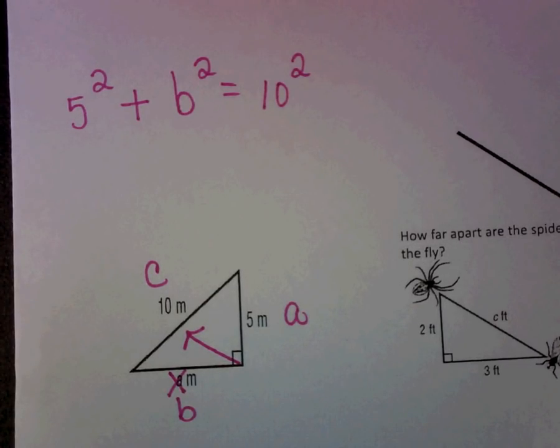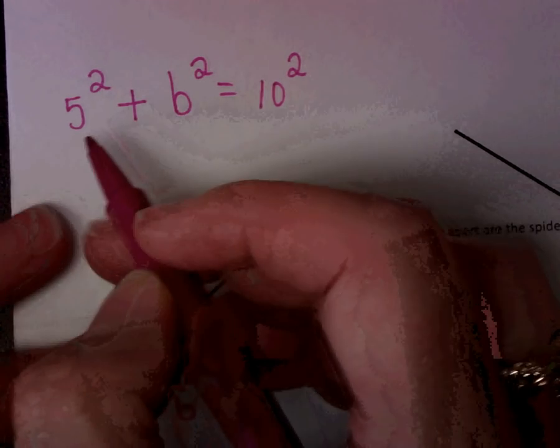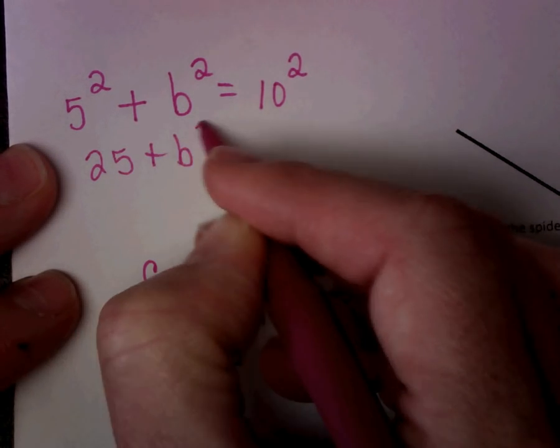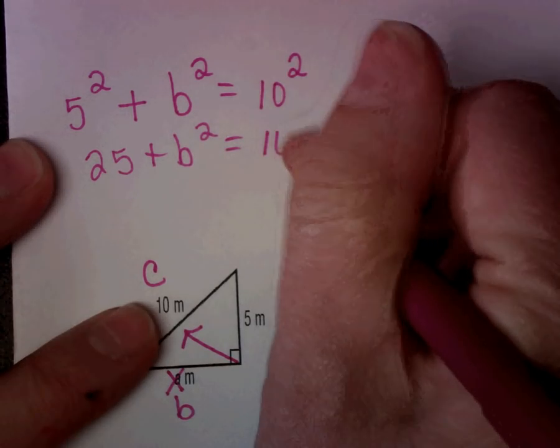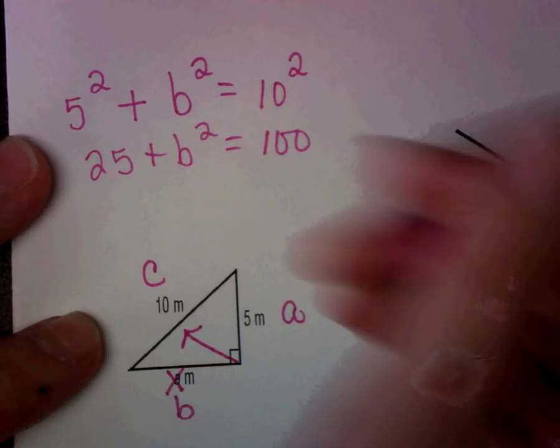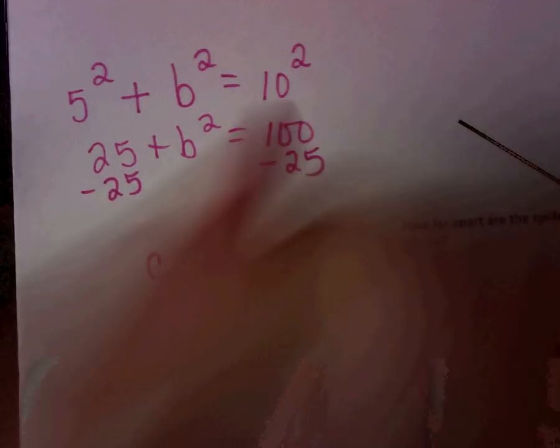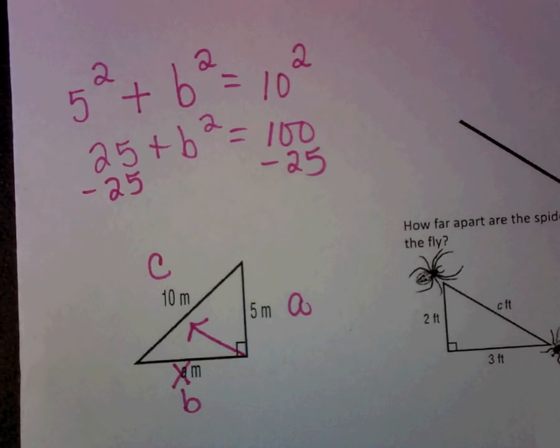And so now all we're going to do is go through and solve this equation. 5 squared is 25. 10 squared is 100. I'm going to subtract 25 from both sides because we're just doing inverse operation. And so I get 75.